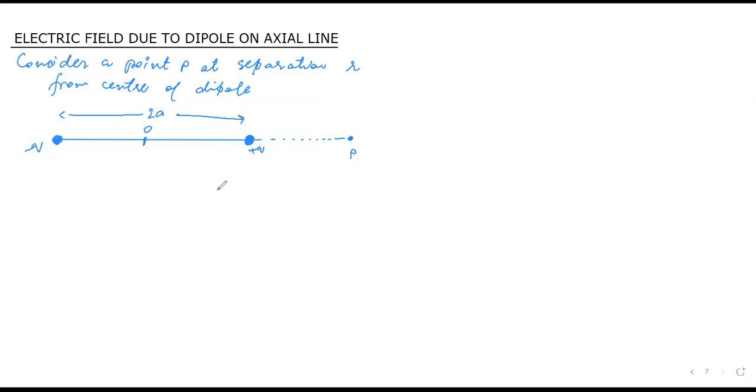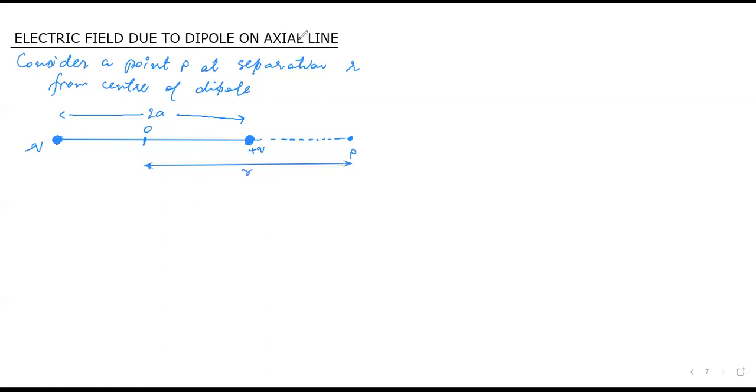Then what will be the distance from the plus Q charge? The separation between these two charges is taken as 2A, and the separation between point P and center O is considered as R. Are you clear?